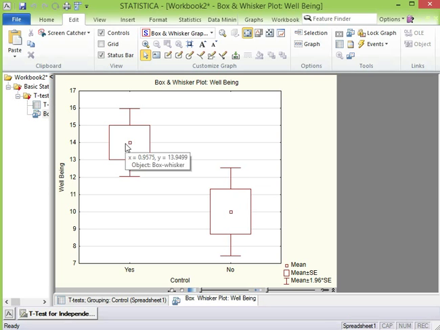Okay, so that's the mean, standard error, and confidence interval. All right, so that's it for a demonstration of t-test for independent samples.